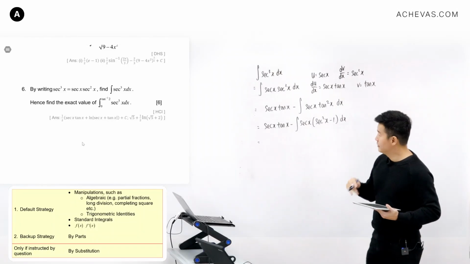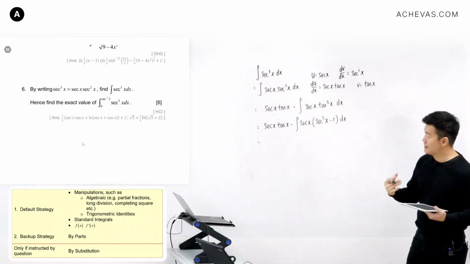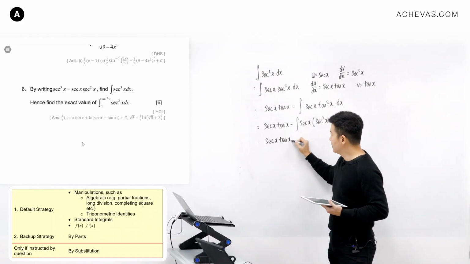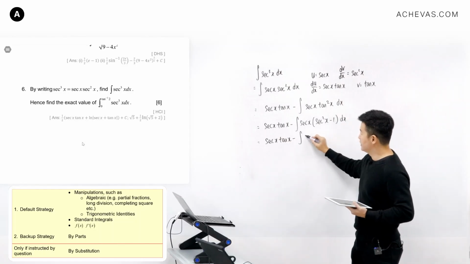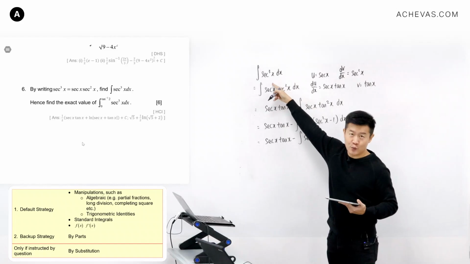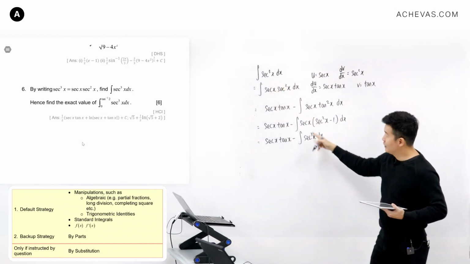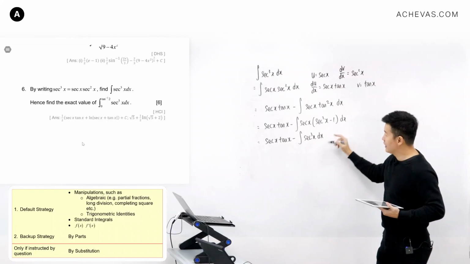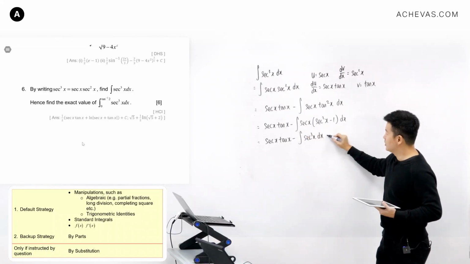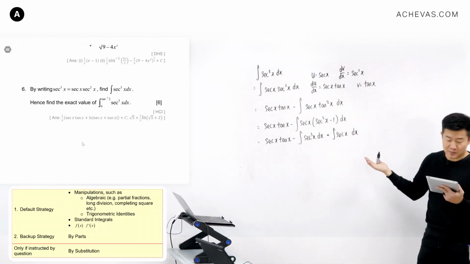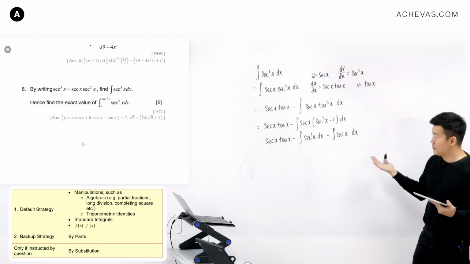In fact, I can see the potential of us integrating this already, because we have this, then this is going to be secant cube x, which reappears again. Whatever that we were supposed to integrate reappears again here. Then this is going to be plus integration of secant x dx, which can be integrated. I'm going to just use the formula that is inside my MF26.